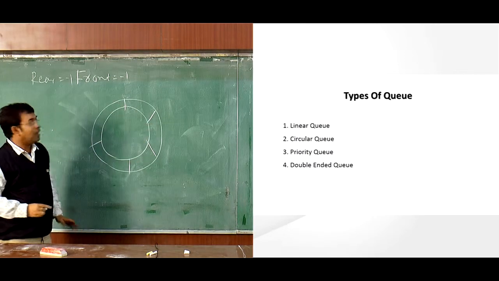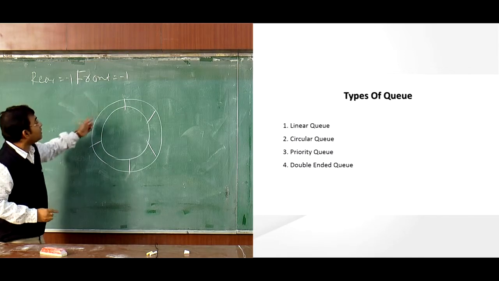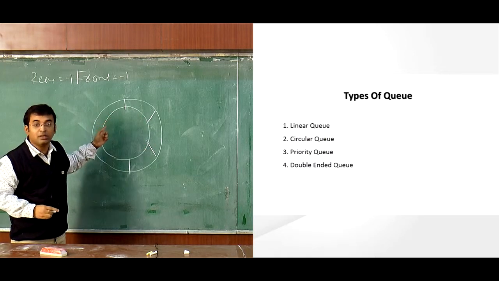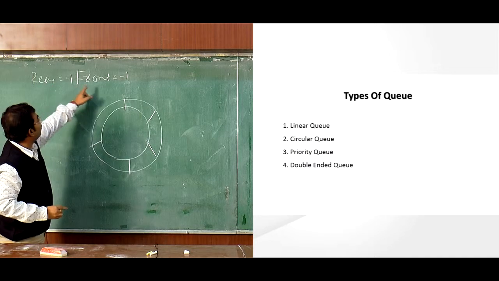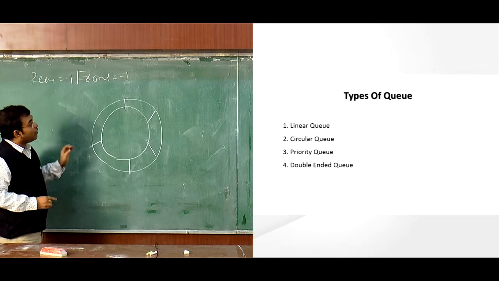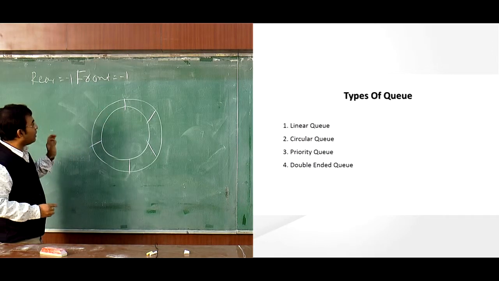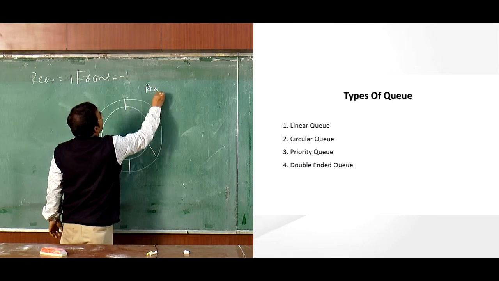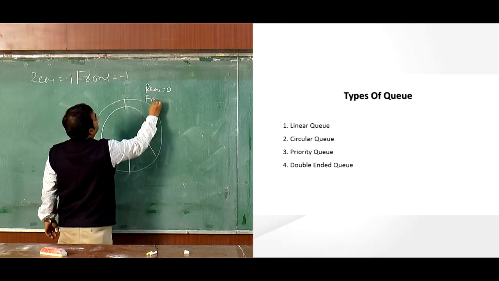If it is a queue, there must be a front and rear. I have drawn the figure like a circular queue, but it is actually linear, point to be noted. Initially front and rear are both -1, and if I want to insert the first element, the similar thing will happen: you have to increment both rear and front to 0.